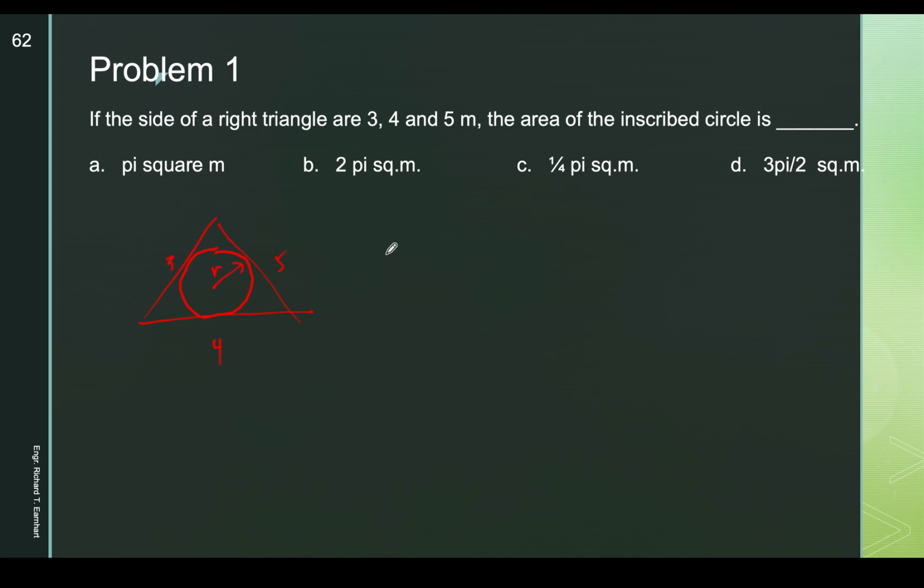Now note that the radius is equal to the area of the triangle divided by the semiperimeter.